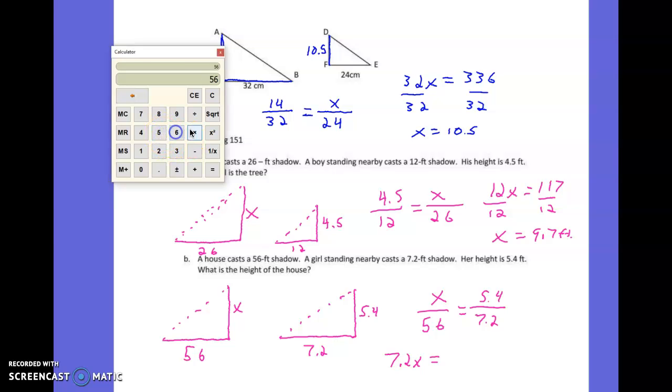So 56 times 5.4 gives us 302.4. We have to get x by itself, so divide by 7.2. So the height equals 302.4 divided by 7.2, which is 42. All right, use these notes to help guide the assignment for today.